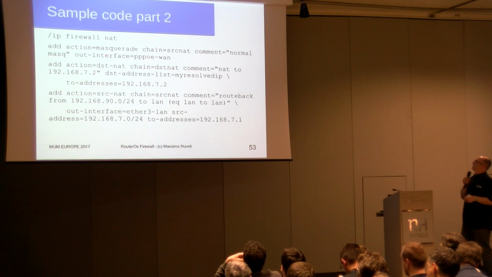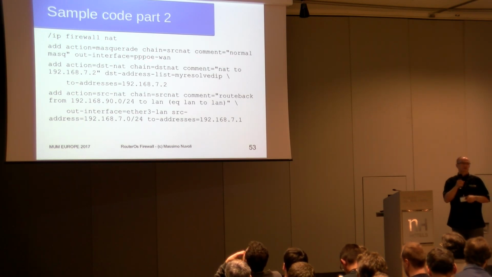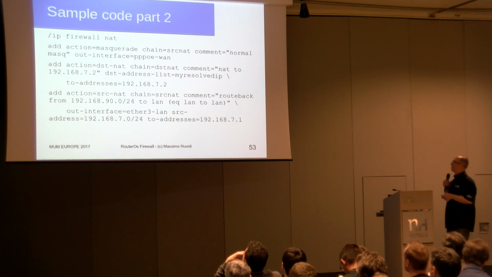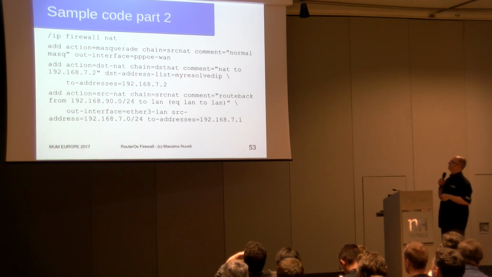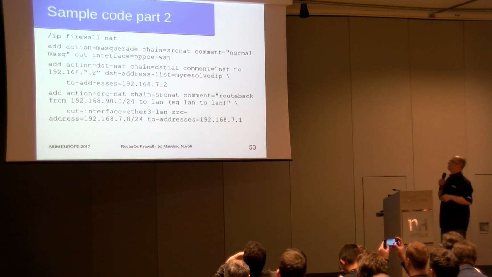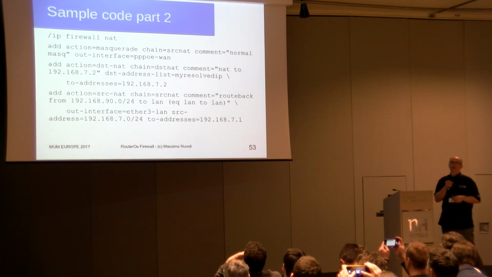We have masquerade of the PPPoE1 connection for the outside traffic. And this is the destination NAT that uses an address list to make a connection to the server inside the network.